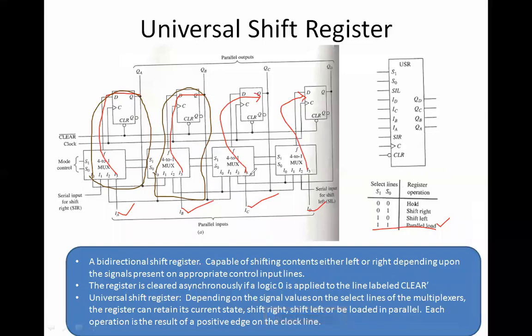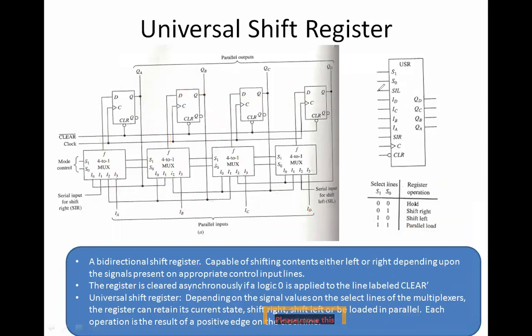Once that is done, you can look at 0, 1, which is shift right. 0, 1 is your I1, which is shift right. If 1 is selected, the output comes here, and that should be connected to I1. So ultimately, if you do it step by step, you'll be able to analyze this circuit and draw the connections appropriately.